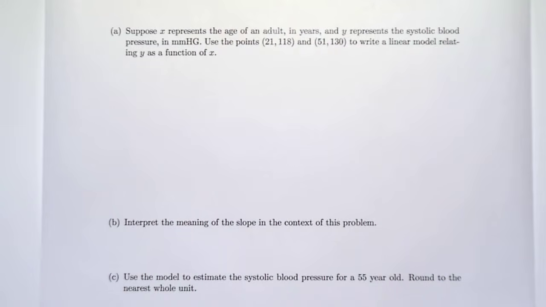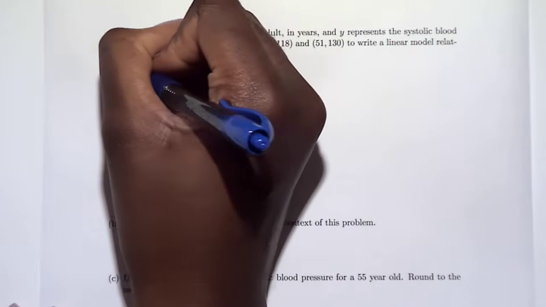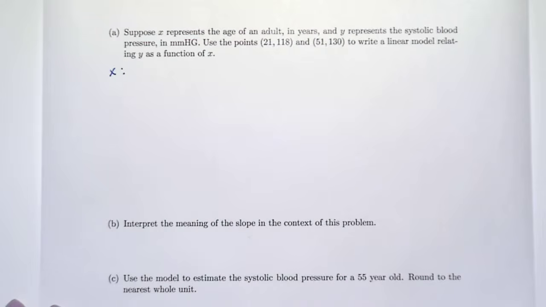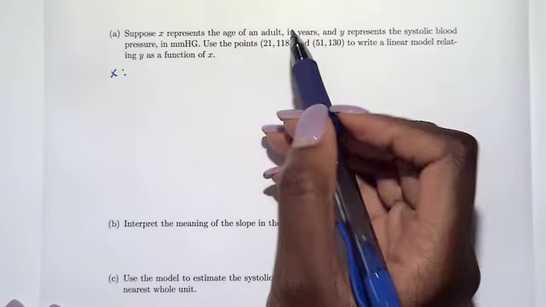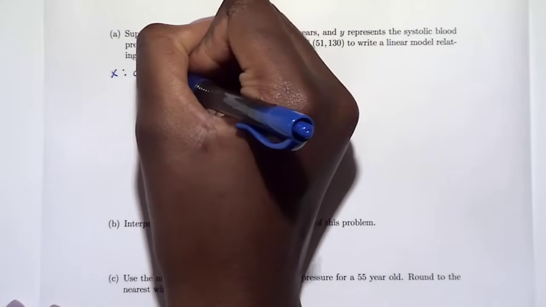Okay, so we're going to do the same thing. We're going to figure out, okay, what's our input, what's our output, what does x mean, what does y mean? All right, so we can use x and y as our variables. So x is our age in years. I'm going to write that down.